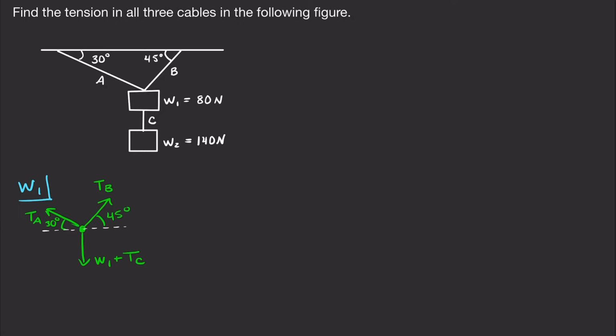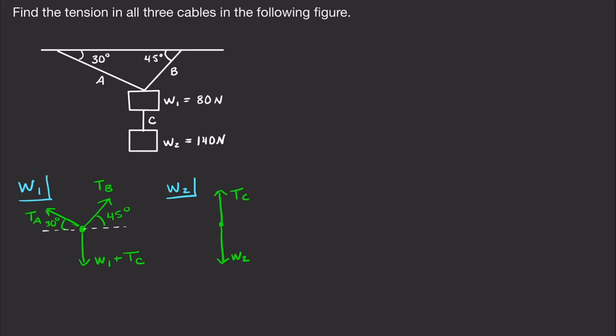And then if we draw the free body diagram for weight 2, we have the weight going down, and the tension in C is now pulling up on the weight that's on the bottom.